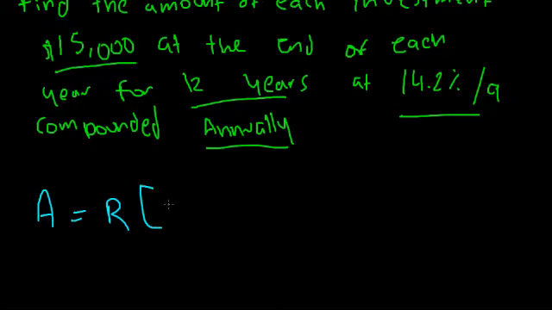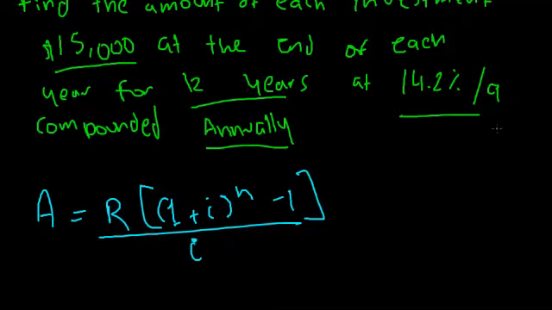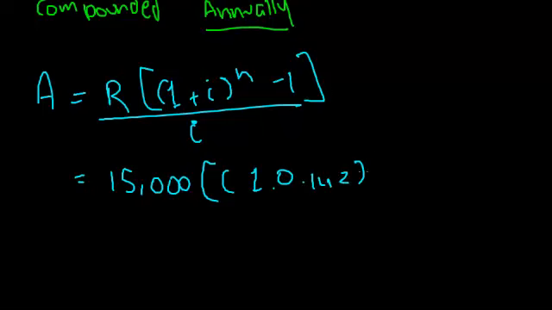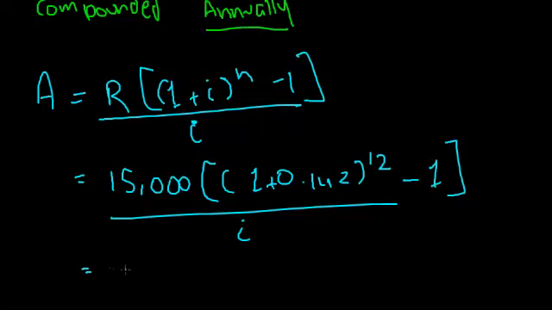R into 1 plus I to the power of n minus 1, over I. This is equal to 15,000 into 1 plus 0.142 to the power of 12 minus 1, all over I. Once you put this into your calculator, you'll get 414,118.19.